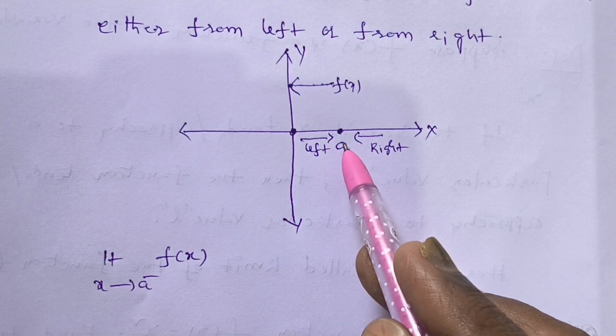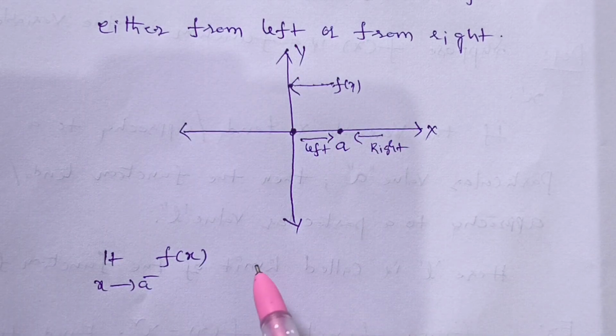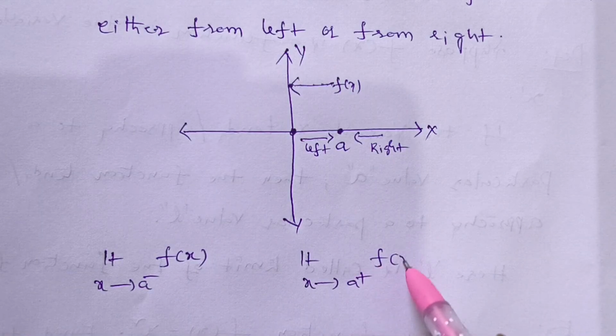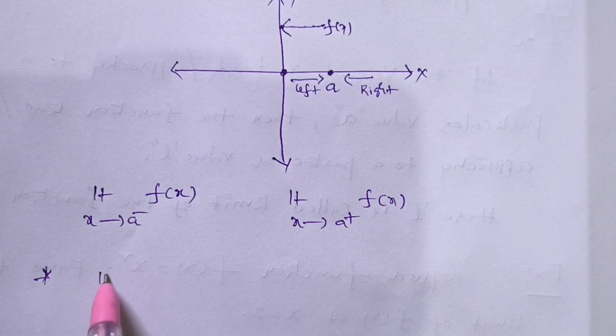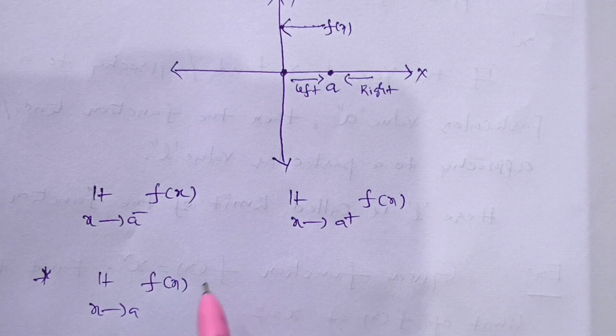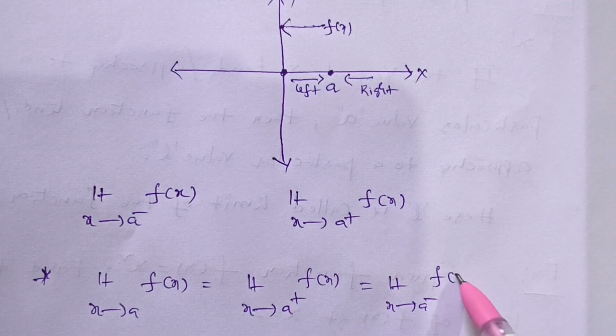If all x values approach a from the right, then the functional value can be denoted as limit x approaches a plus f of x. From this, we conclude that limit x approaches a f of x is equal to limit x approaches a minus f of x, which is equal to limit x approaches a plus f of x.